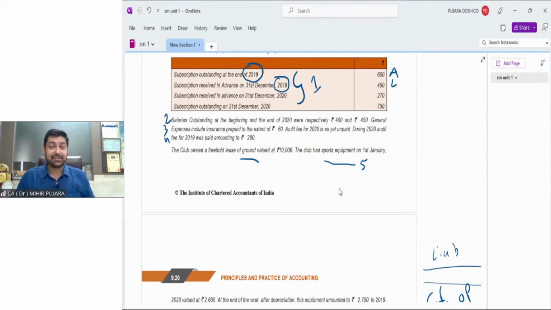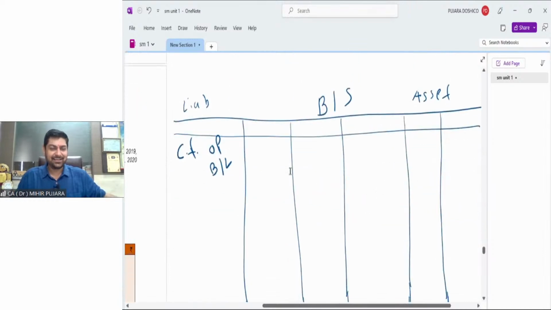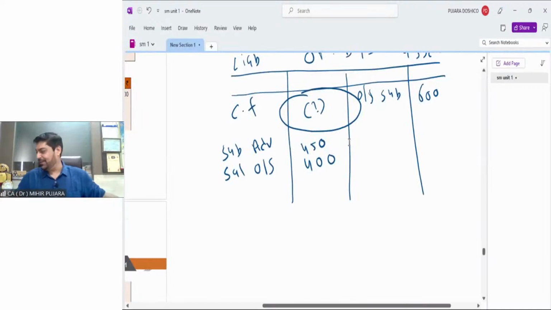Audit fee of 2020 is unpaid. But during 2020, last year's 200 is paid. It is very much clear. So tell me, guys, what is the audit fee outstanding of last year?